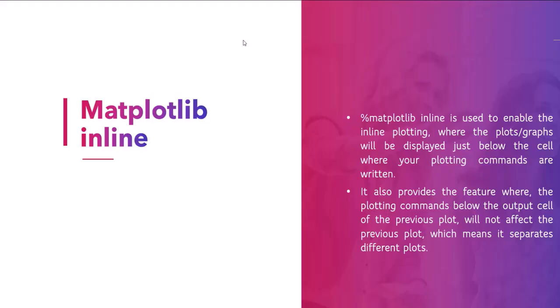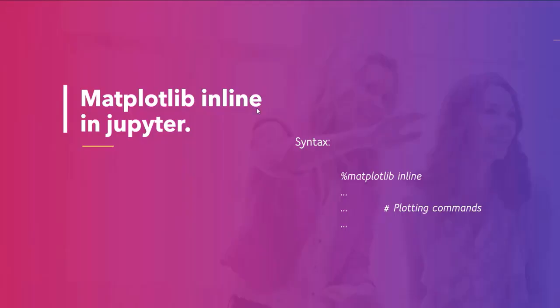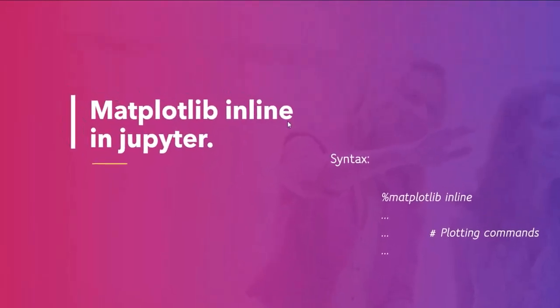It also provides another feature where plotting commands below the output cell of the previous plot will not affect the previous plot, which means it separates the different plots. For example, if I want to change the color of the plot by using the color map, it will not affect the previous plot. Now let's learn how to use this inline function in Jupyter Notebook.